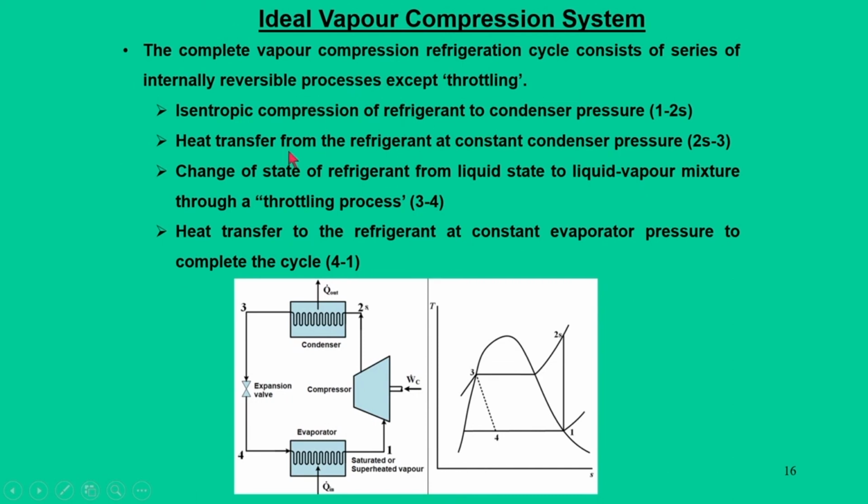One is isentropic compression of the refrigerant to the condenser pressure, process 1 to 2s. Then heat transfer from the refrigerant at condenser pressure, process 2s to 3. Then change of state of the refrigerant from liquid to a liquid-vapor mixture through a throttling process, 3 to 4. And finally heat transfer to the refrigerant at constant evaporator pressure to complete the cycle, 4 to 1.